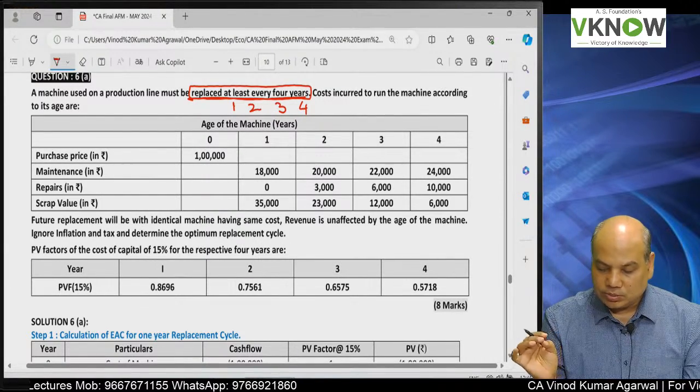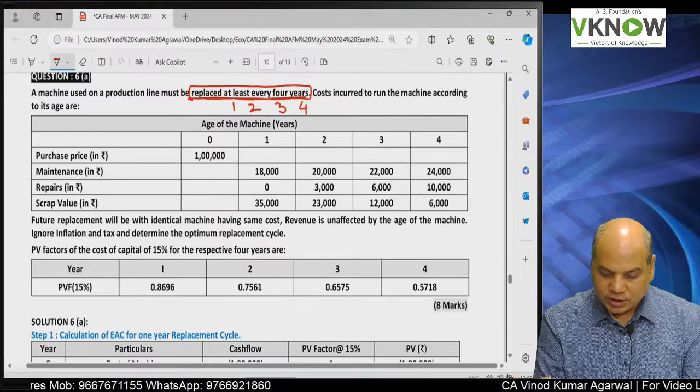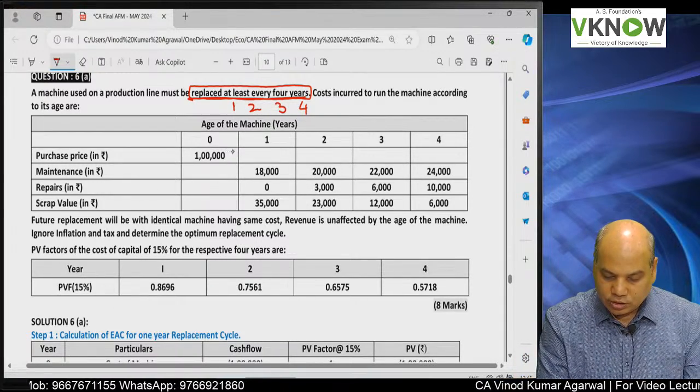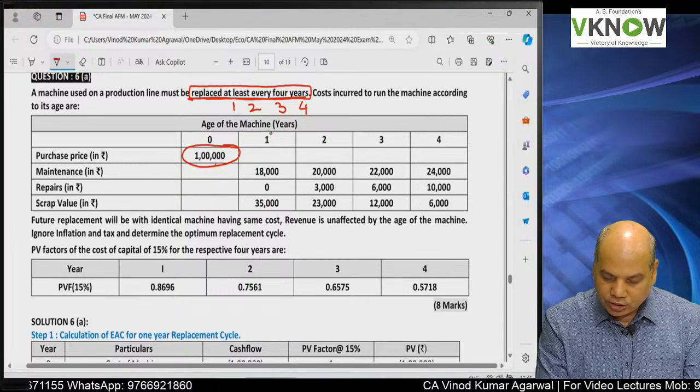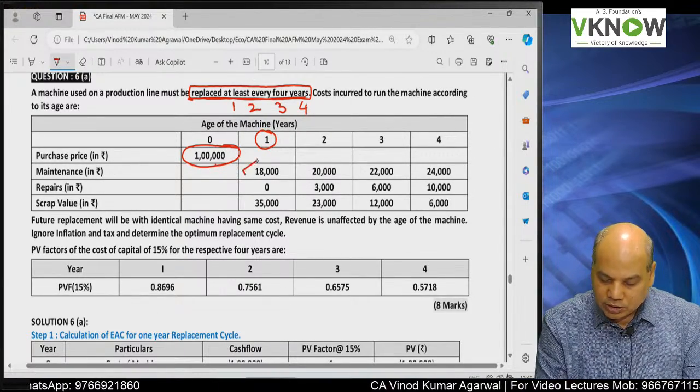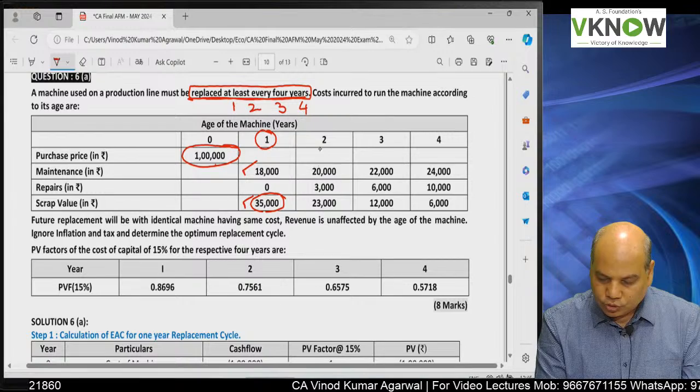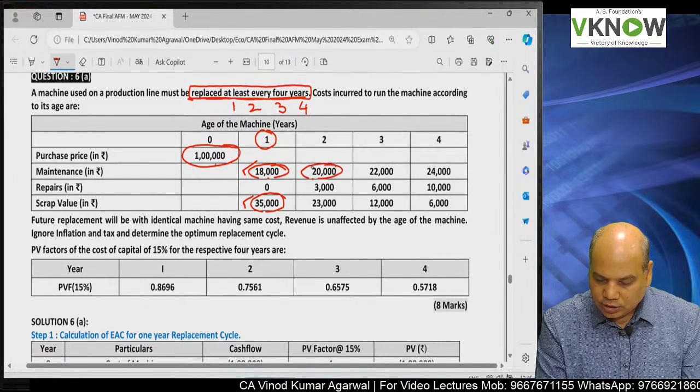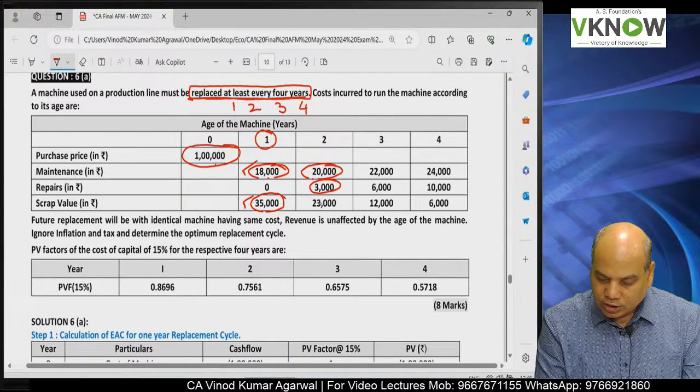Cost incurred to run the machine according to its age are as follows. When you purchase the machine for 1 lakh, if you go up to 1 year, you will incur maintenance 18,000, repair 0, and you will get scrap value 35,000. If you go to year 2, then you have to incur both year 1 and year 2 maintenance, year 2 repair, and you will get 23,000 rupees scrap value.